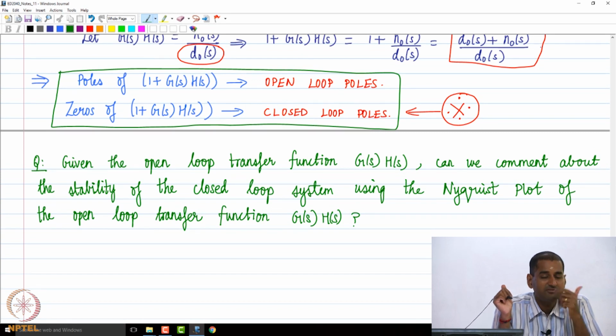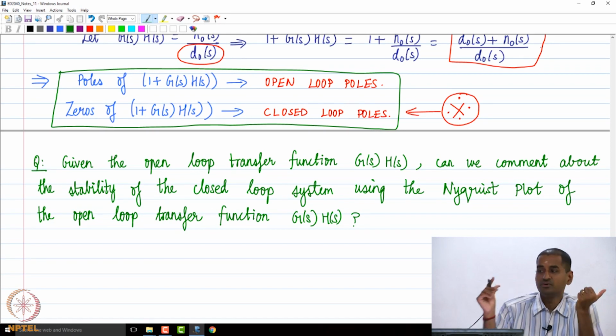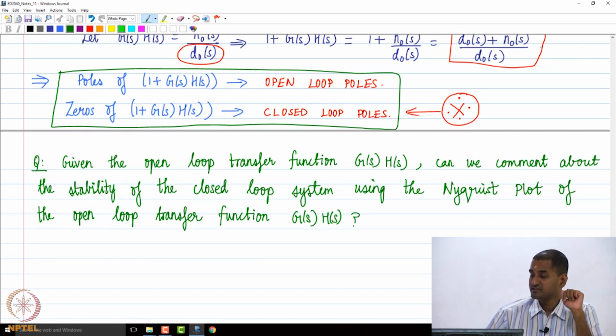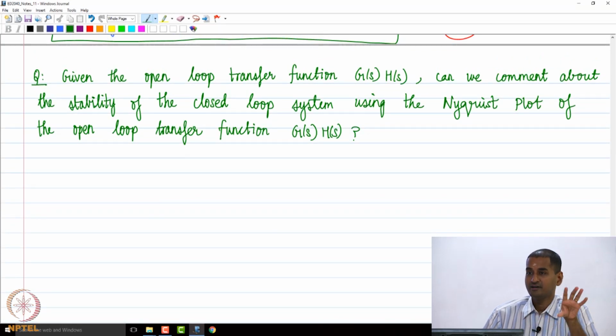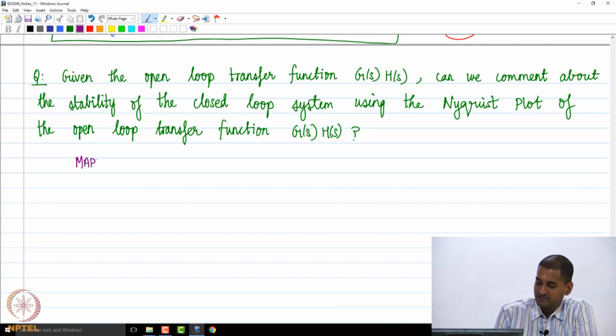And of course the answer is yes. That's why we have the Nyquist stability criterion. But the general result on which this stability criterion rests is what is called the mapping theorem. In complex algebra, there is something called a mapping theorem.